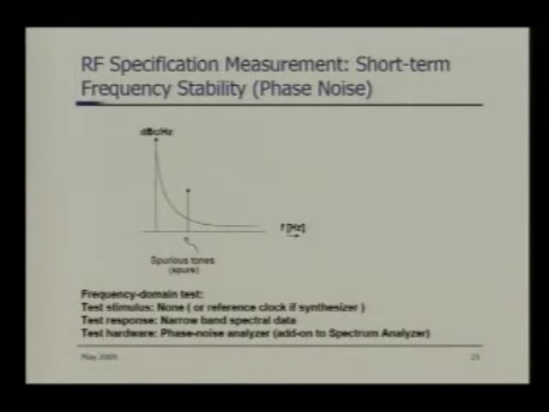But because of the noise present in the circuitry, you would get noise spilled over from the main carrier frequency to the adjacent frequency region, and you get this kind of noise profile. This is the so-called phase noise profile. It characterizes, or is an estimate of, the short-term frequency stability of that RF signal.